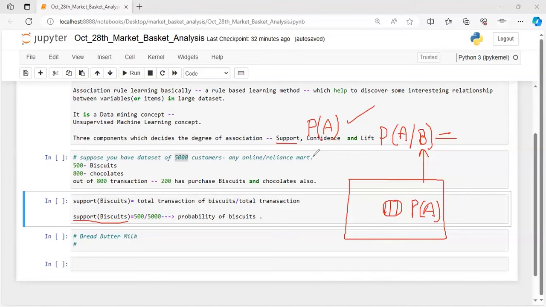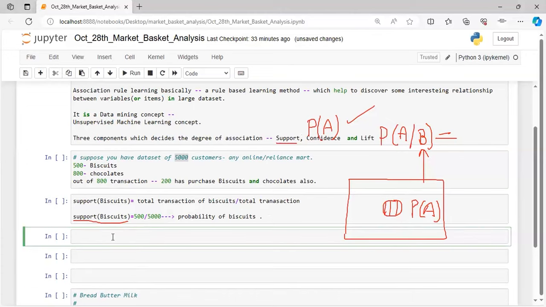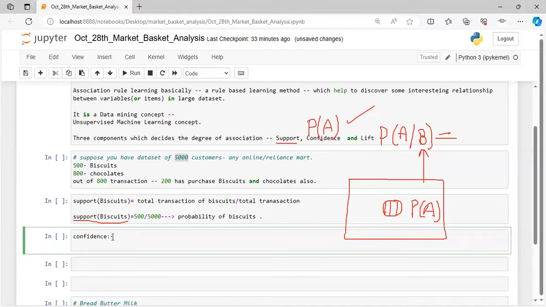Now let's see the confidence. What is the confidence? Confidence refers to the possibility that a customer who bought biscuits and chocolate together. So it is a possibility. Basically, again, it is a probability, nothing else.